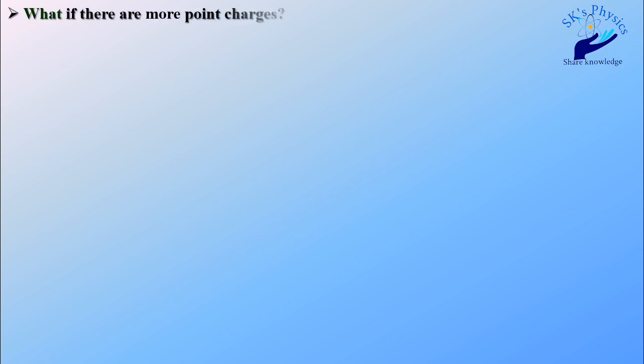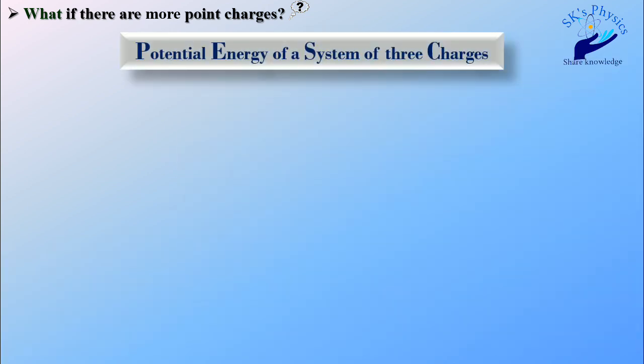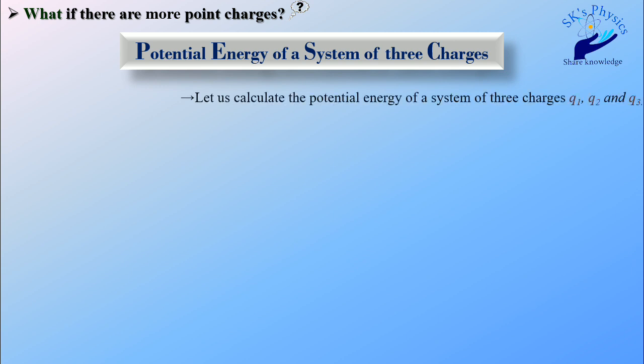What if there are more point charges? Here is the potential energy of a system of 3 charges. Let's calculate the potential energy of a system of 3 charges q1, q2 and q3. The potential energy between q1 and q2, with distance r12, is u12 = k q1 q2 upon r12.